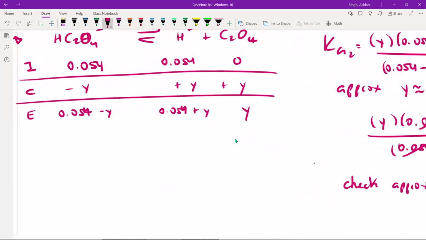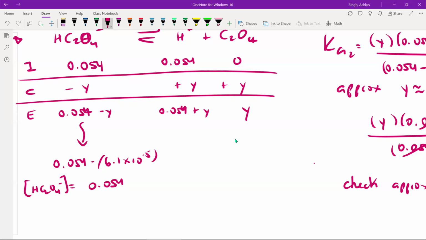So what we've just done now is we've determined at equilibrium for the HC2O4 minus, we're going to have 0.054 minus 6.1 times 10 to the negative 5. Okay, so that is going to be equal to, again, 0.054. That's the concentration of the HC2O4 minus.